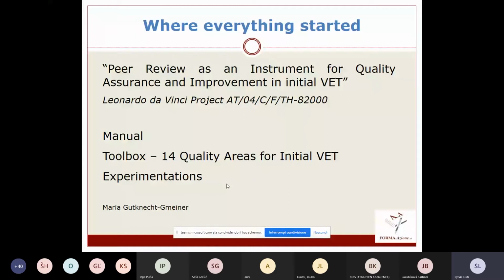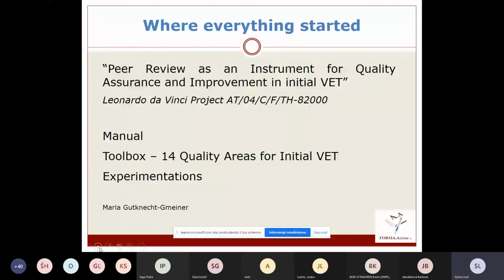So I used to say that they are really a learning tool that could be used by everyone starting to work in quality assurance in VET, to learn what exactly to take into account, to monitor, and to evaluate in order to ensure quality. And then a lot of experimentation after this.